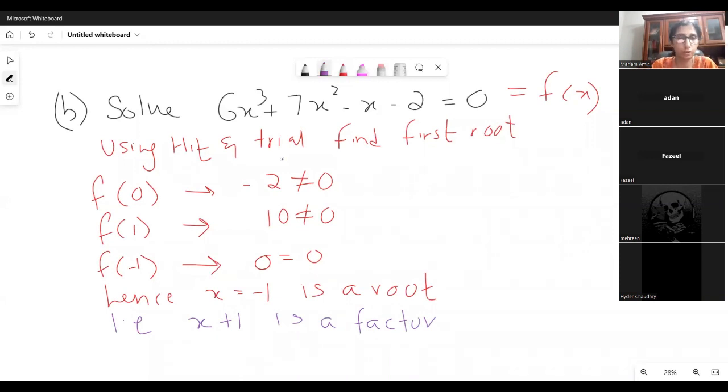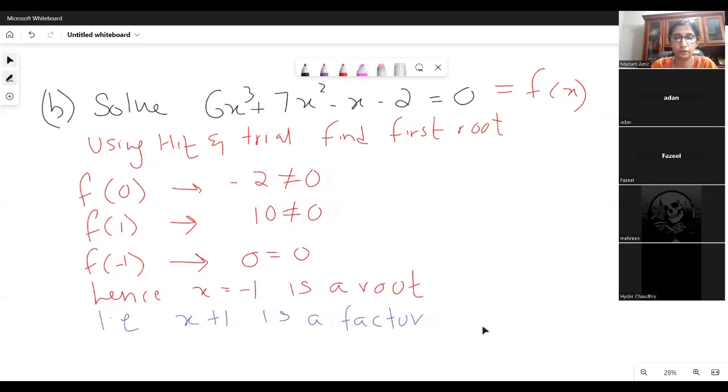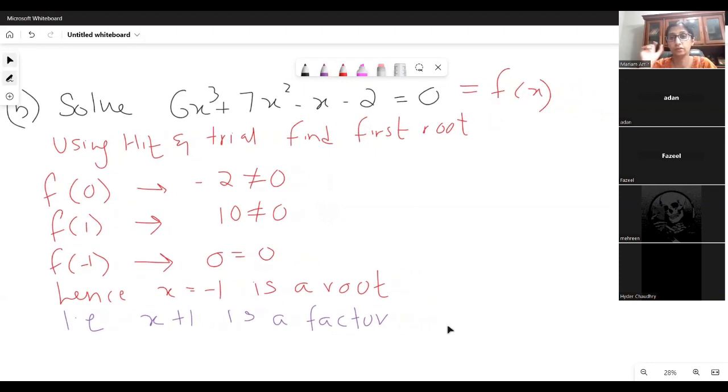Now you can do long division or synthetic division, use either one, and find the quotient at the top. Then we will break it down further to find the solutions of this cubic equation.